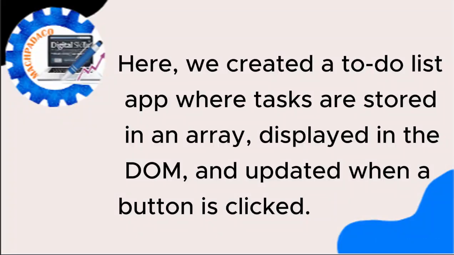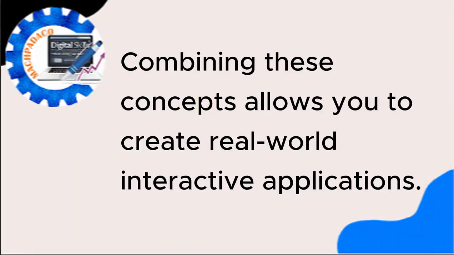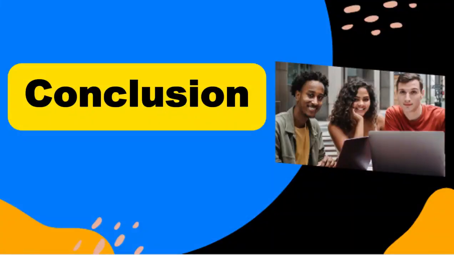Here we created a to-do list app where tasks are stored in an array, displayed in the DOM, and updated when a button is clicked. Summary: combining these concepts allows you to create real-world interactive applications.